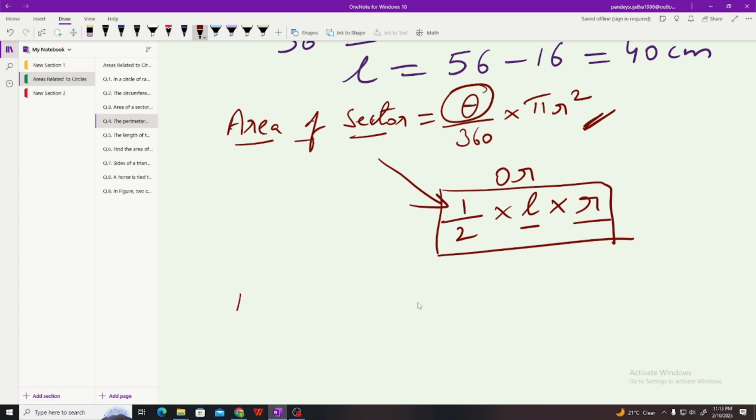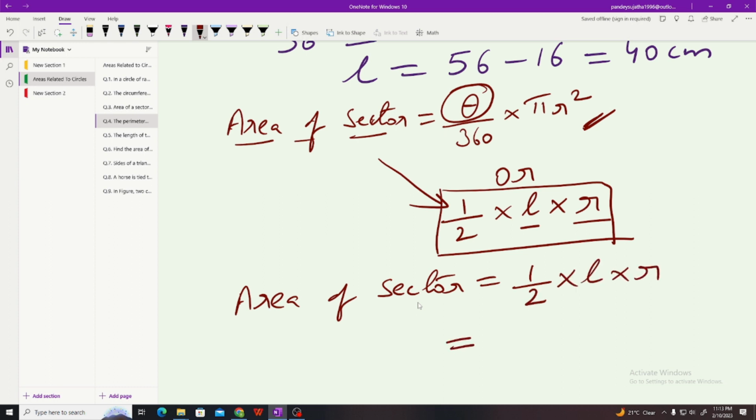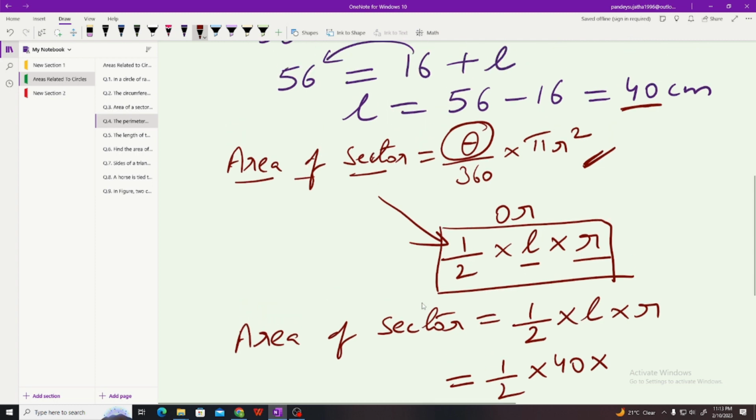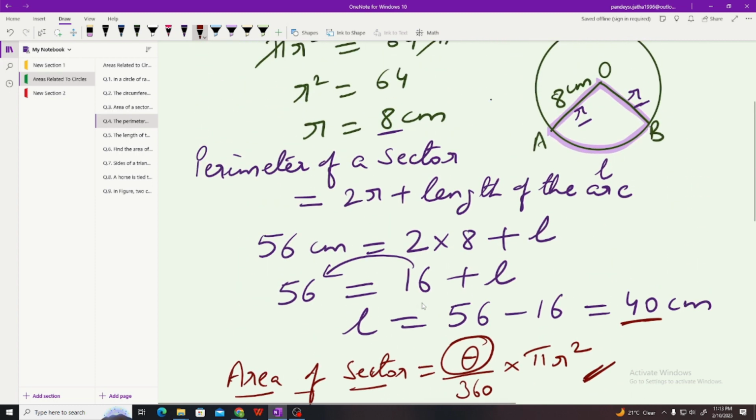So area of sector using the formula half into L into R, where length is 40 centimeter, half into 40 into, and we got the radius as 8 centimeter.